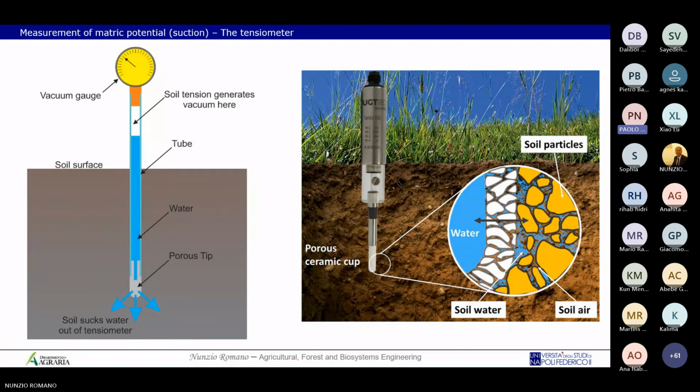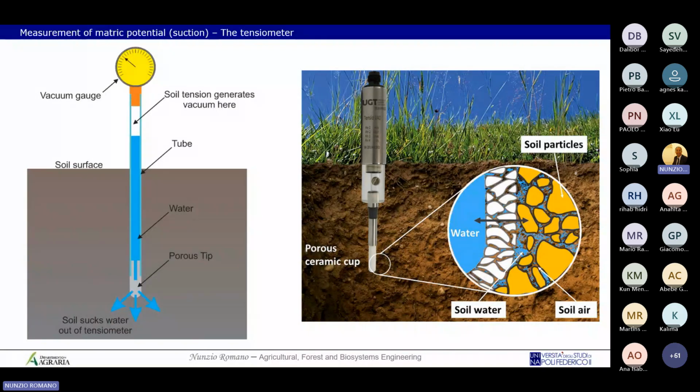Is this the same principle as the pressure plate? How do they differ in terms of accuracy? Of course, yes, the principle is the same, but in both pieces of equipment the accuracy depends on the porosity. So the accuracy depends on the porosity of the cup, like in the pressure plate it depends on the porosity of the membrane.